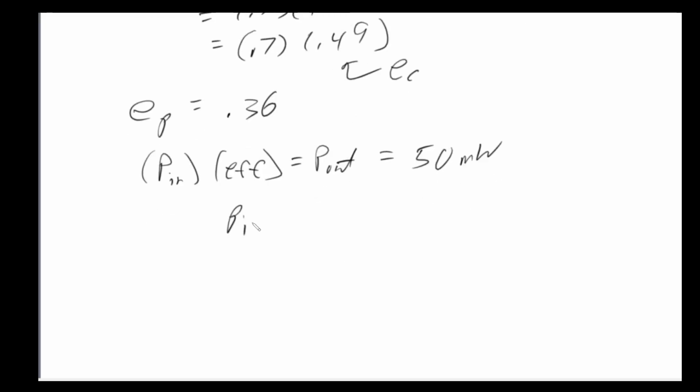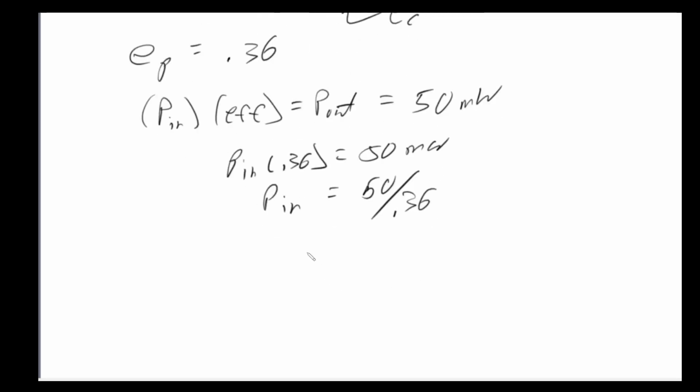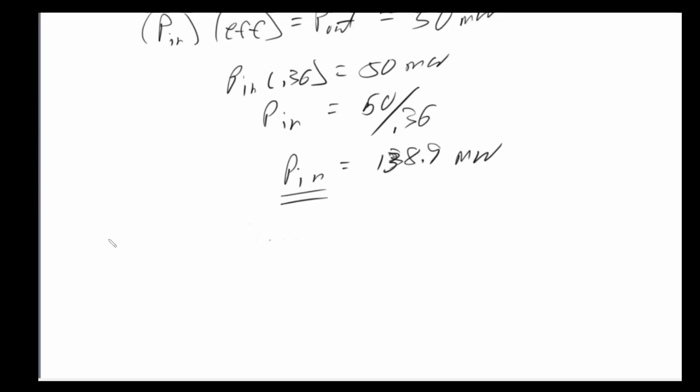So the power in times 0.36 is equal to 50 megawatts, or the power in is equal to 50 divided by 0.36. The power in is equal to 138.9 megawatts. So we were also asked to find what the power lost was.